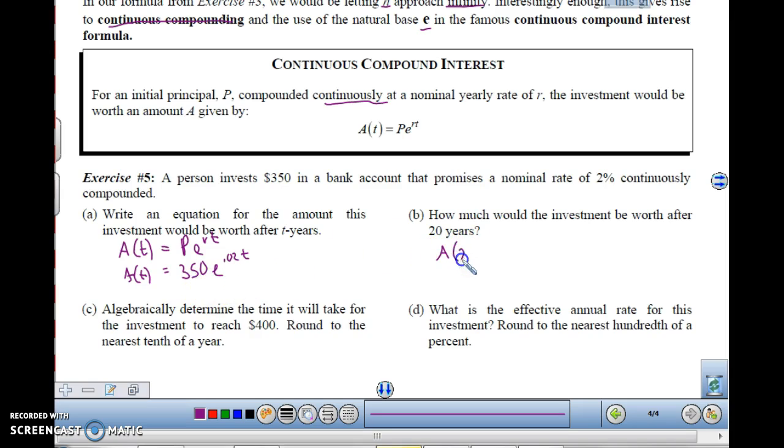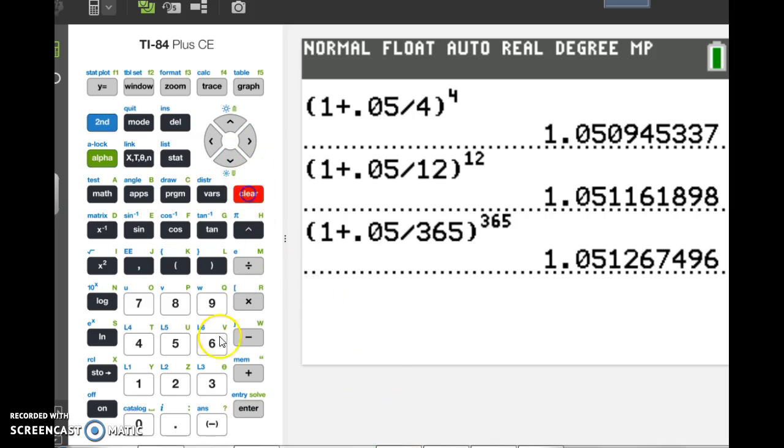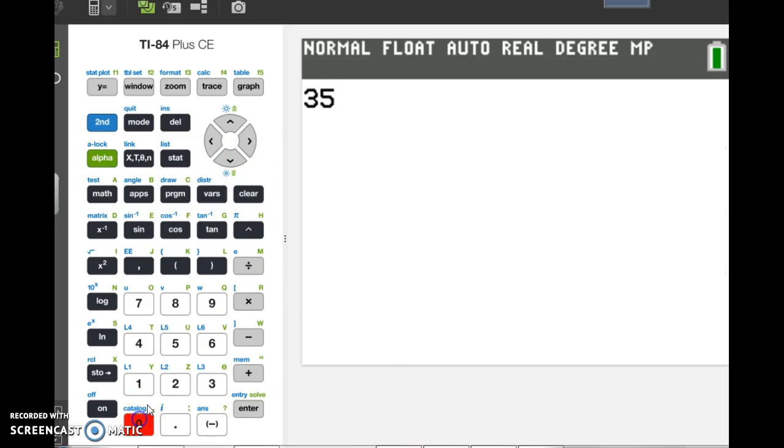How much would the investment be worth after 20 years? So A of 20 is equal to P, which is 350, e to the rt, which would be 0.02 times 20. You can put this in your calculator: 350, now e to the is the second function of the ln key, e to the 0.02 times 20.